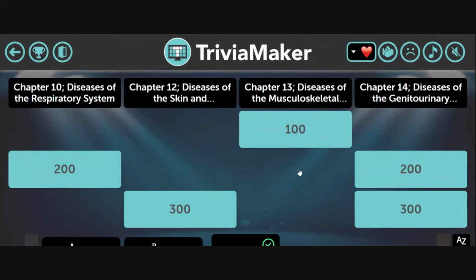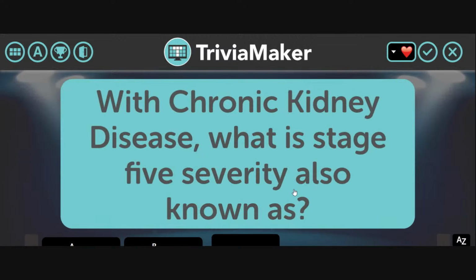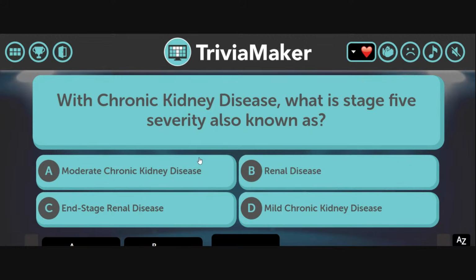Let's keep it up. Let's go back to chapter 14, diseases of the genitourinary system. Let's do a 300. Oh, I did not mean to put this one in here. Okay, that's fine. With chronic kidney disease, what is stage 5 severity also known as?